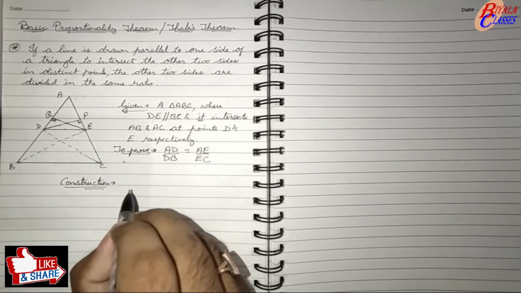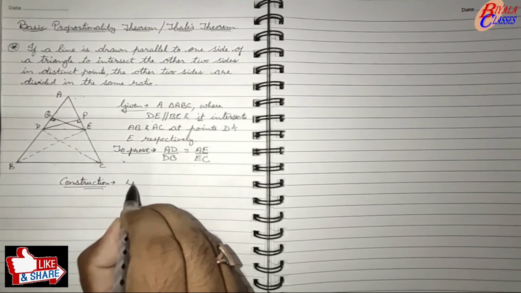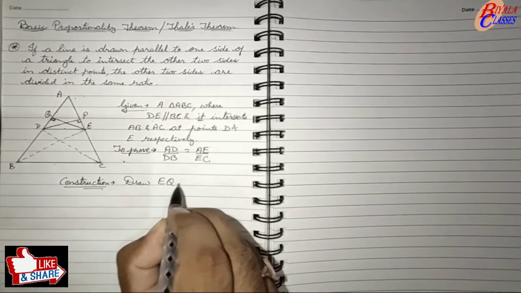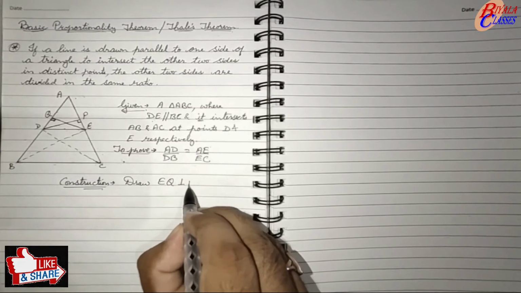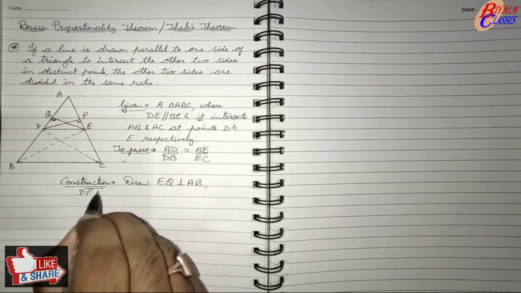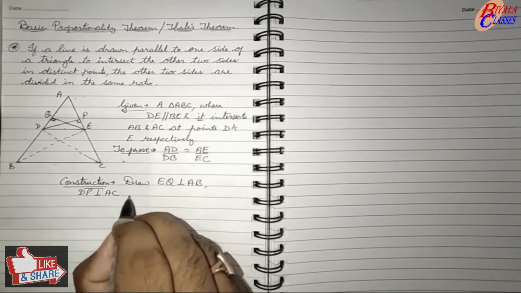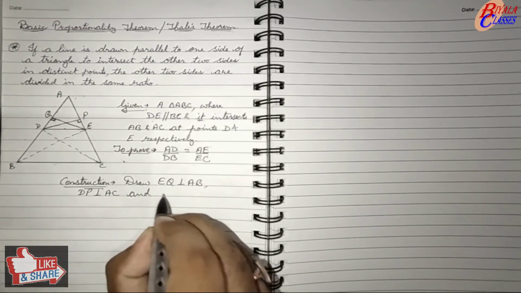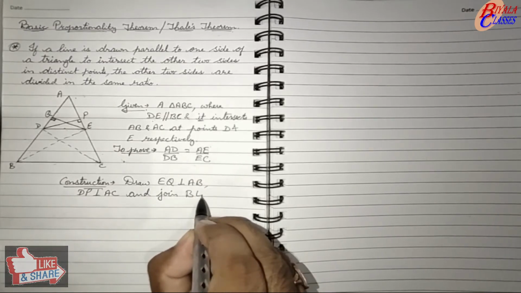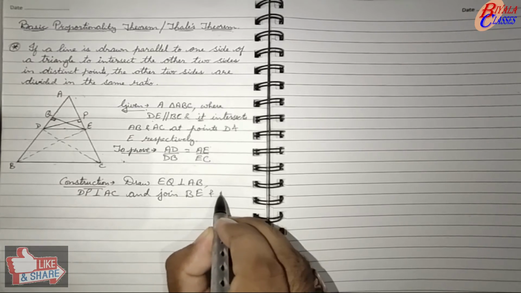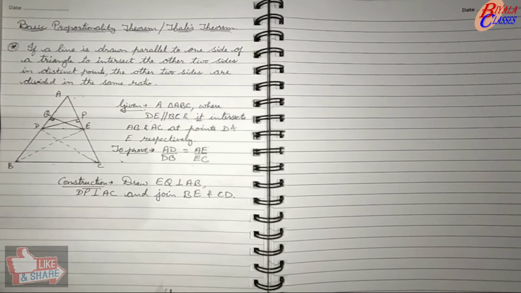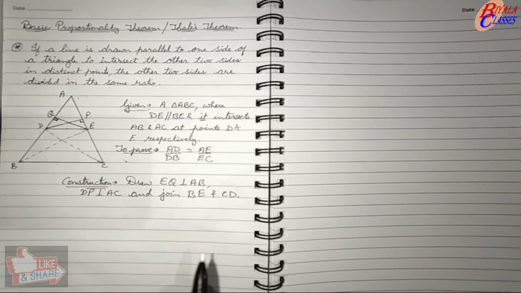So in construction, we will draw EQ perpendicular to AB, DP perpendicular to AC, and join BE and CD. This is the construction which is required to prove it.